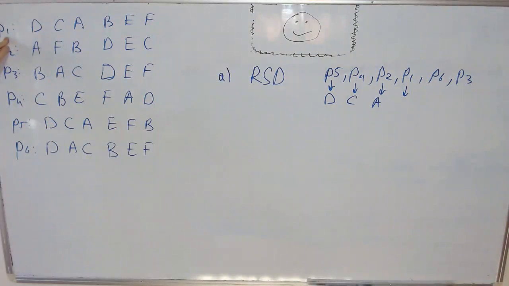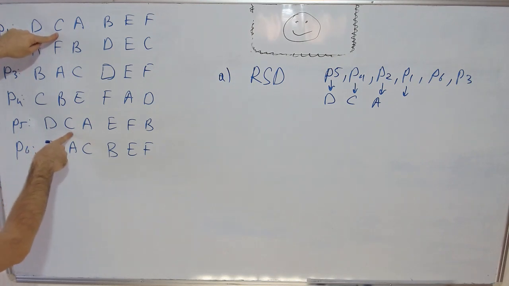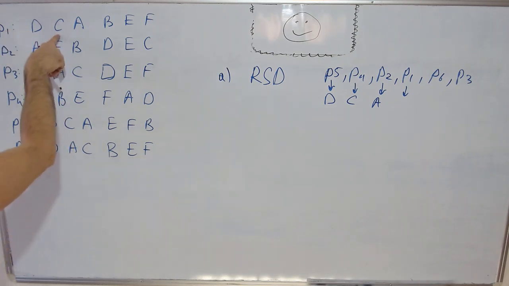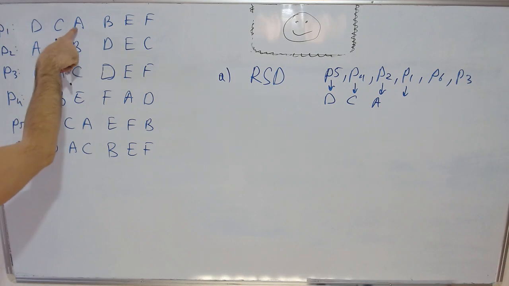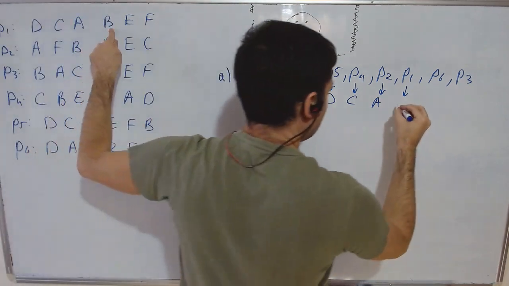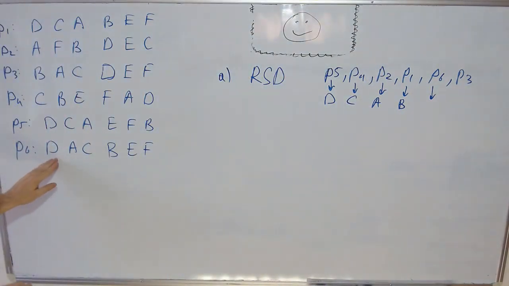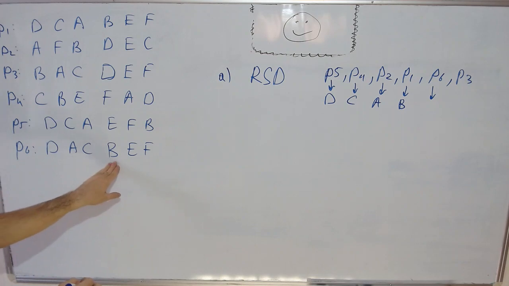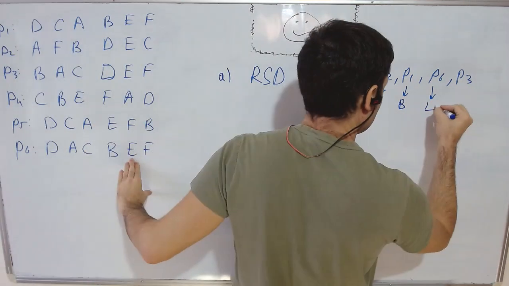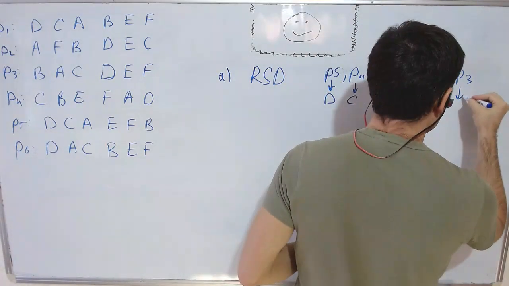Well, P1 is the first person who cannot get D because D has already been taken. He cannot get C because it was taken. He actually cannot get A because it was already taken. So he would move into B. And then P6 wants D, A, C. So all in B is taken. So he goes to E. And finally, the last, P3, is just left with F.